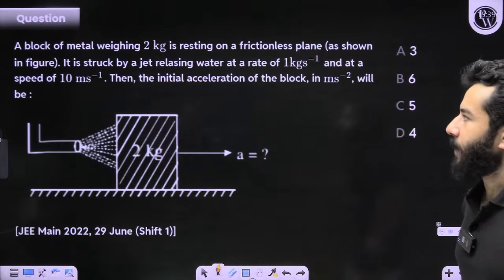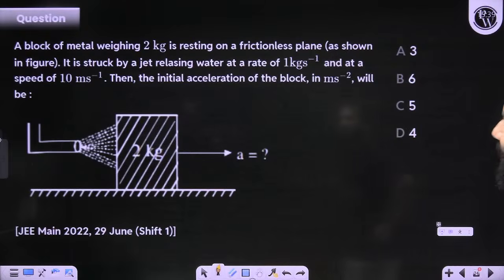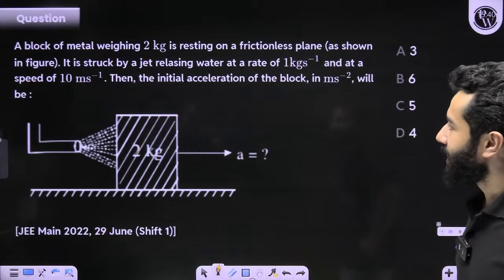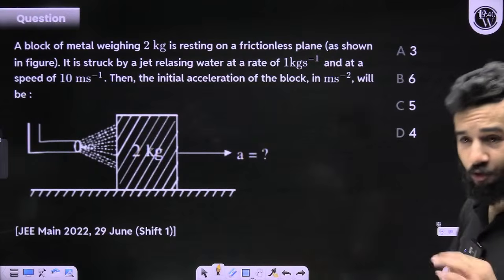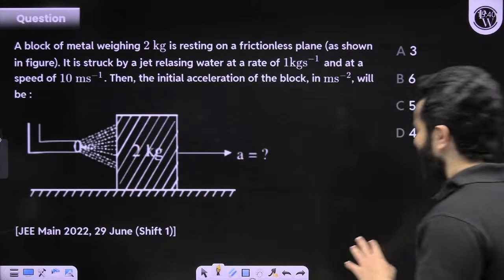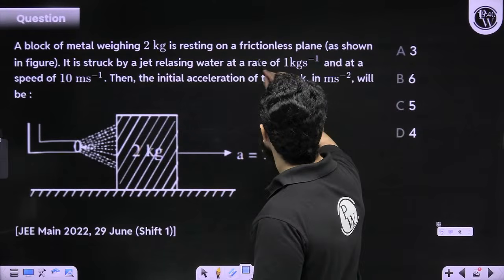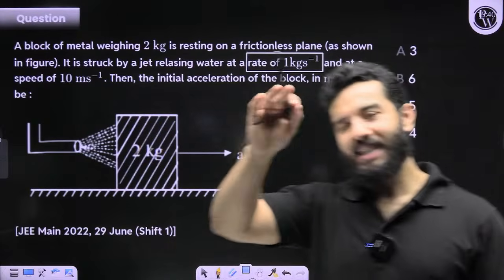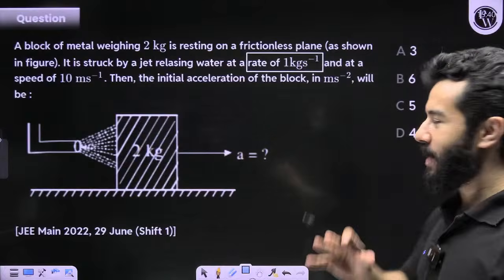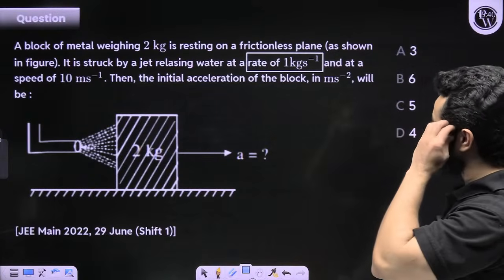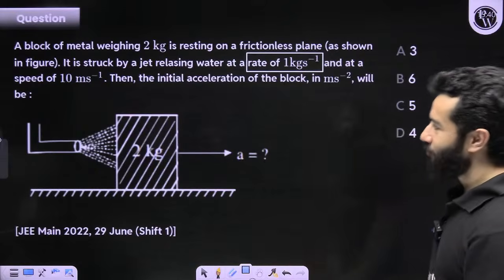A block of metal weighing 2 kg is resting on a frictionless plane. It is struck by a jet releasing water at a rate of 1 kg per second. So this is what I have been telling you, whenever you are going to see a unit like this of 1 kg per second, that is mass rate, dm by dt. Then the initial acceleration of the block is, at a speed of 10 meter per second.